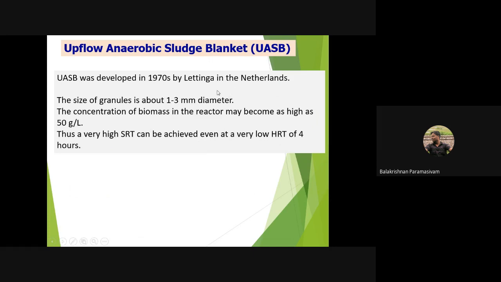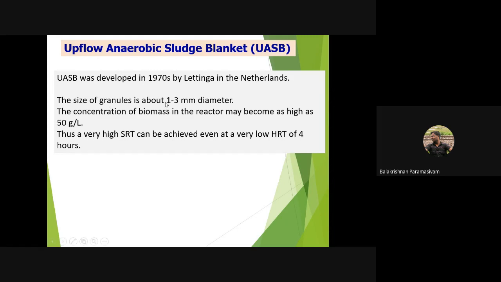Whenever the biodegradability index is more than 0.3, or 0.3 to 0.5, we go for the anaerobic sludge blanket reactor, the UASB reactor. For industrial effluent, the COD will be very high, so we directly go for the UASB reactor. If an industry is interested in any biological treatment, it will be mainly used for industrial purposes.